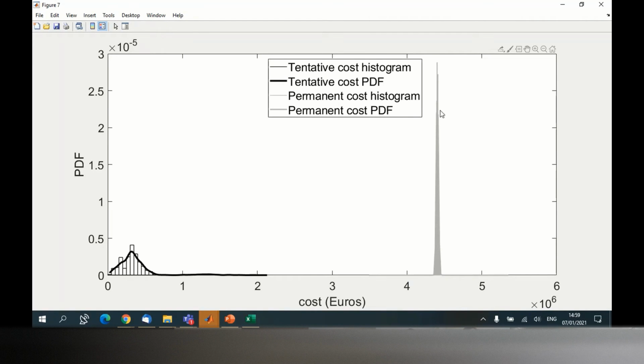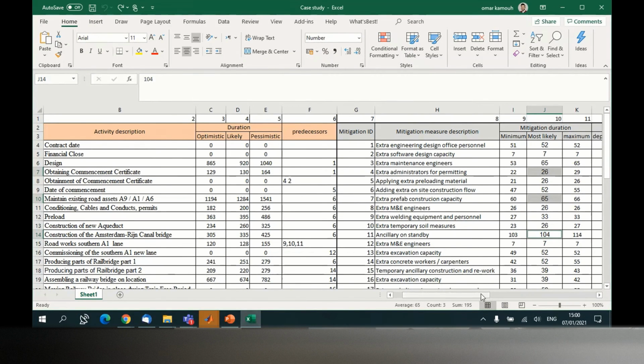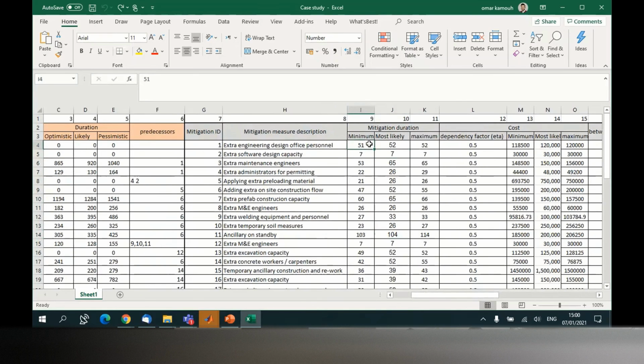But why do you have a distribution? Why don't you have just one single value if it's just a sum? Because you have uncertainty here. You are sure that you are selecting all the measures, but maybe in one iteration this measure will cost you this amount, and in another iteration the same measure is going to cost you this much.